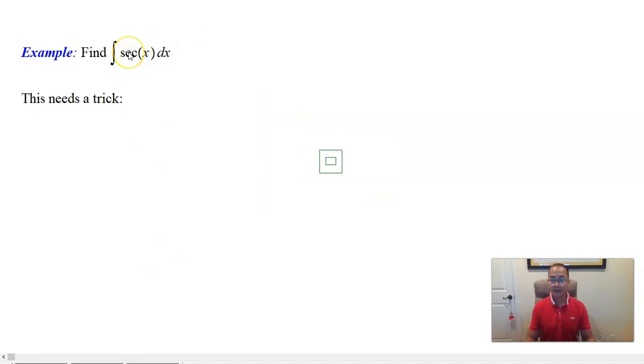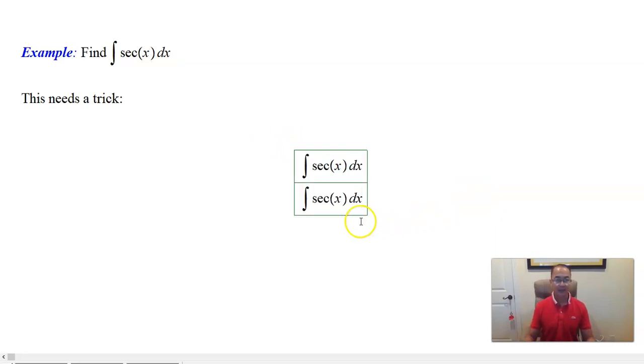Okay, we know how to integrate secant squared, but we don't have a formula for just secant by itself, by its lonesome. So how would we integrate secant of x? Now, this is one of those problems where if you were stuck on a desert island and had nothing better to do, and you forgot how to integrate secant of x, you might spend a lot of time figuring out a way to do it.